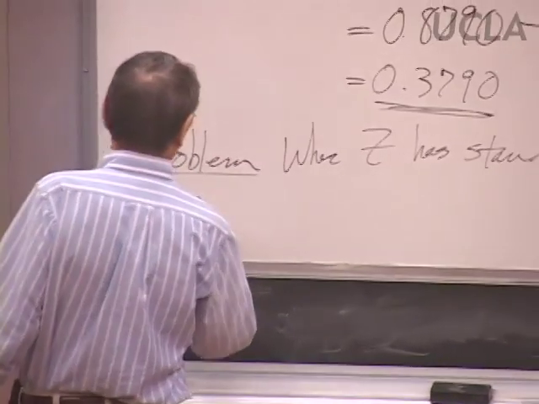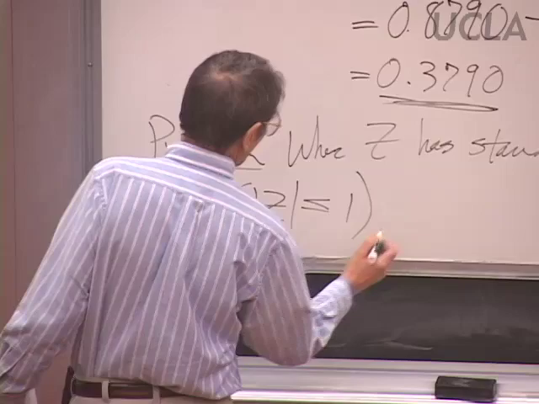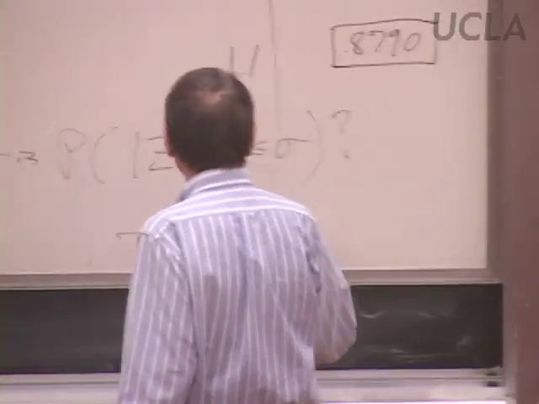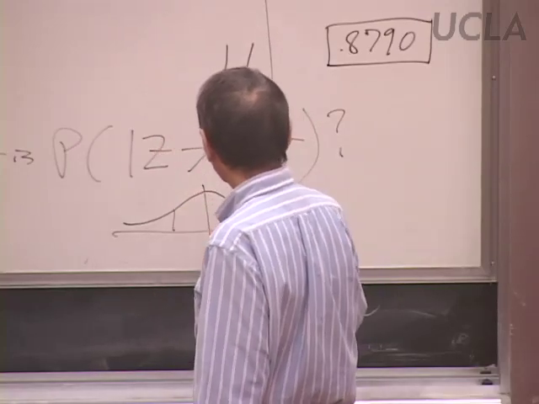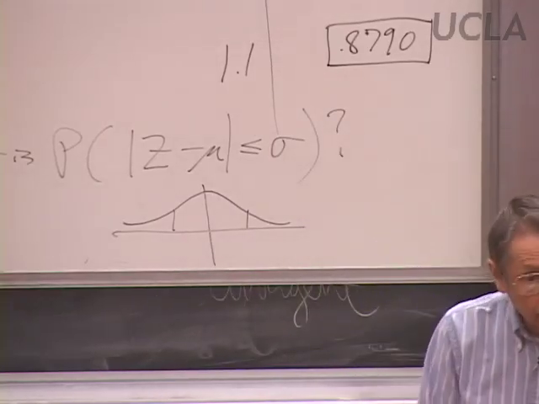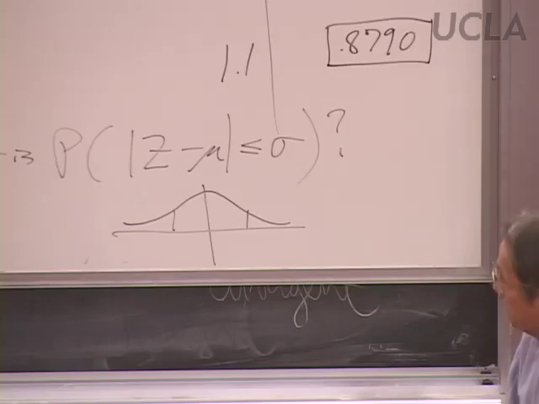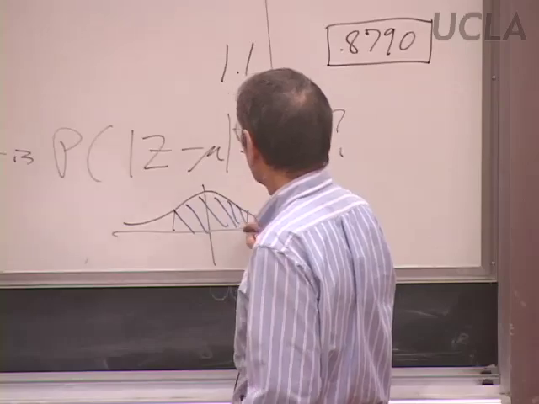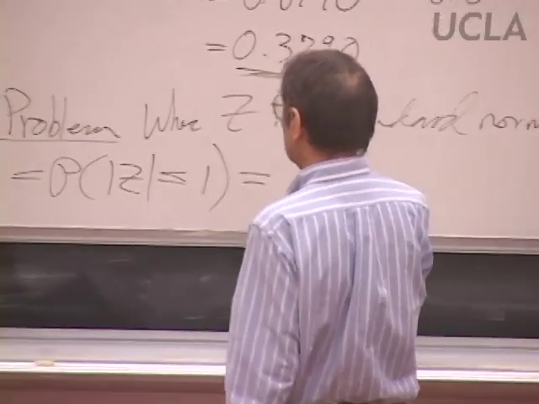So we're asking for the probability that z in absolute value is less than or equal to 1. Before doing anything, we draw the picture. We want the area under the bell curve between the two inflection points. We're after that area.